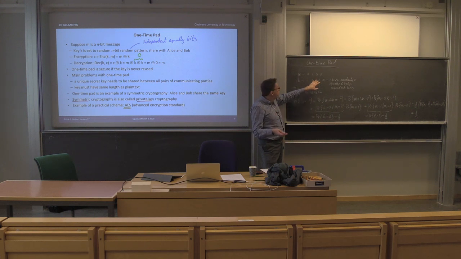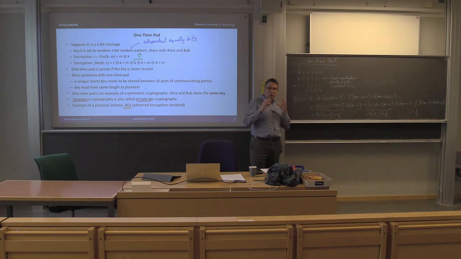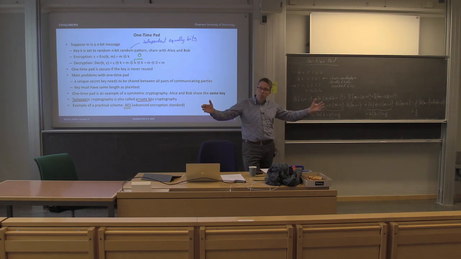However, Bob, who knows the key, can recover M perfectly. Right. So that's the one-time pad. It relies on this interesting property that if we take a sequence of bits and we do XOR with a completely random sequence of bits, we get a completely random sequence of bits. So we can completely hide the message by doing this.